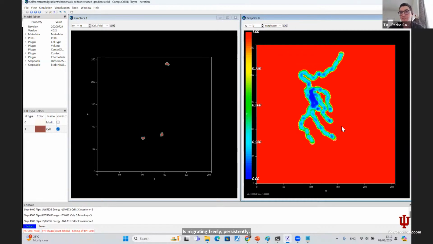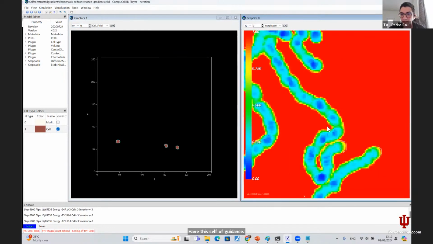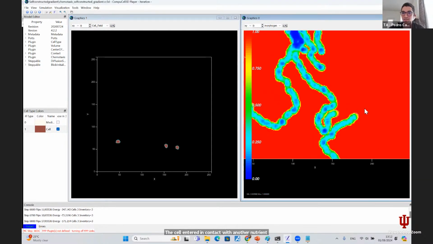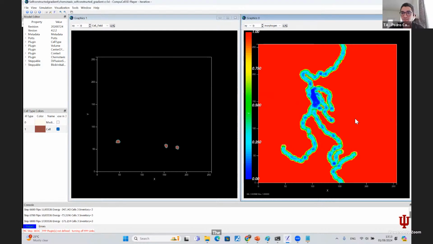As they leave this trail behind, they have this self-avoidance interaction. As you can see here again, the cell entered in contact with another nutrient-depleted region and then changed its path to a higher concentration region.